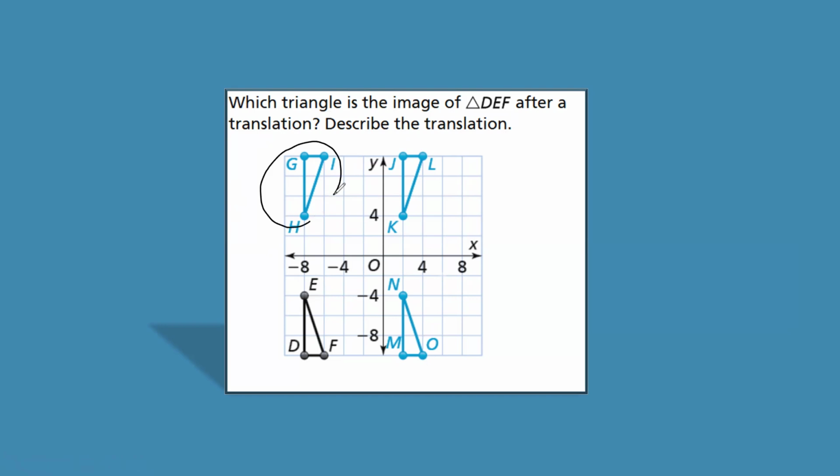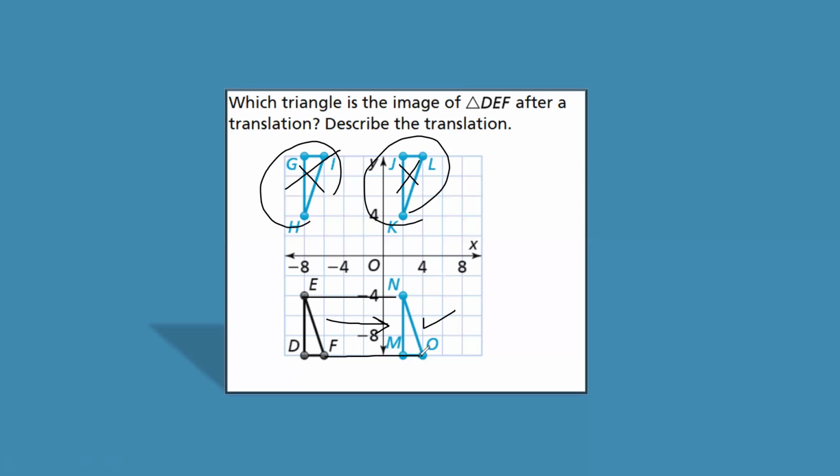No. KGL also no. Only MNO has the same direction as my triangle DEF. Do you see? The image of my shape has the same orientation. So the image of my triangle DEF is MNO.